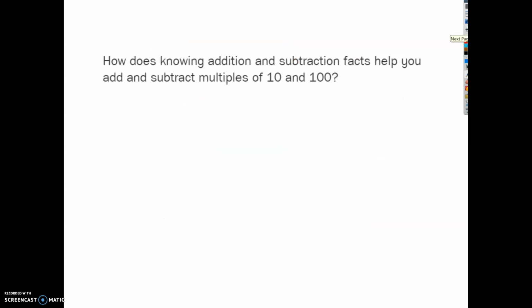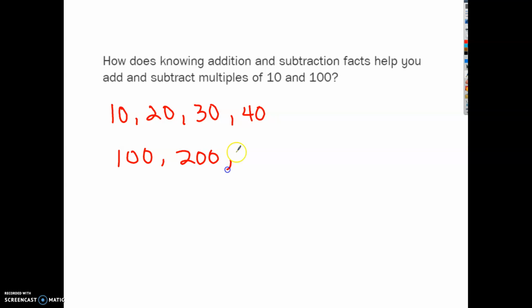How does knowing addition and subtraction facts help you add and subtract multiples of 10 and 100? And when I say multiples of 10 and 100, I mean 10, 20, 30, 40. I mean 100, 200, 300, 400.